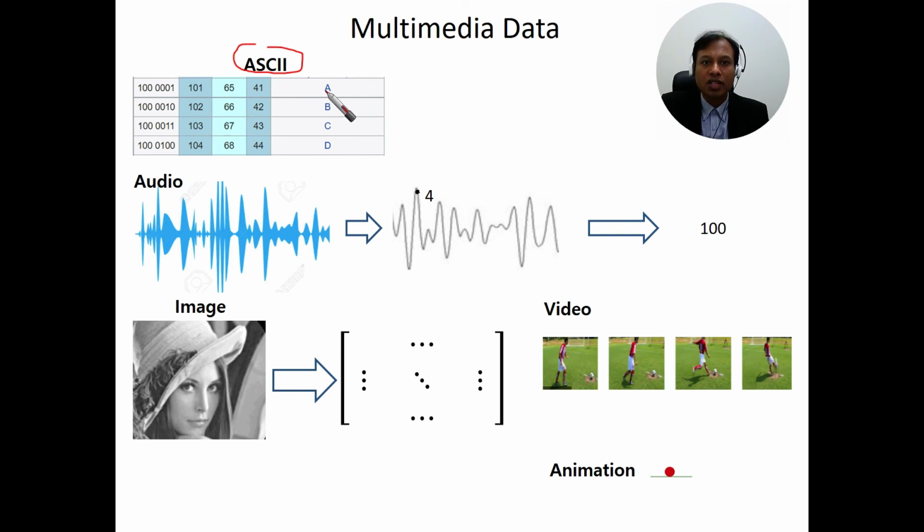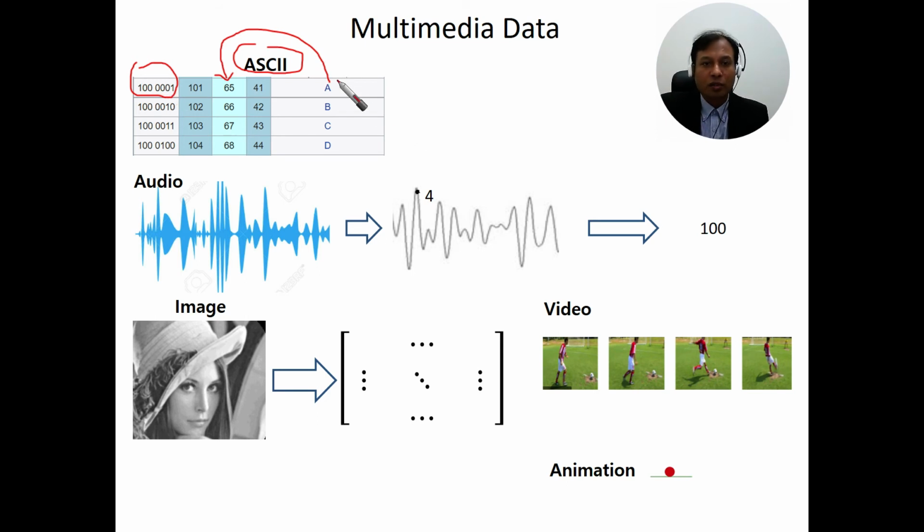This A is equivalent to decimal 65, and in binary, if you represent it, this is called ASCII code: 1000001. So we use 7 bits to represent each letter on the keyboard. If you apply parity checking, it would be 8 bits, but whether 7-bit or whatever coding technique you use, it doesn't matter now.